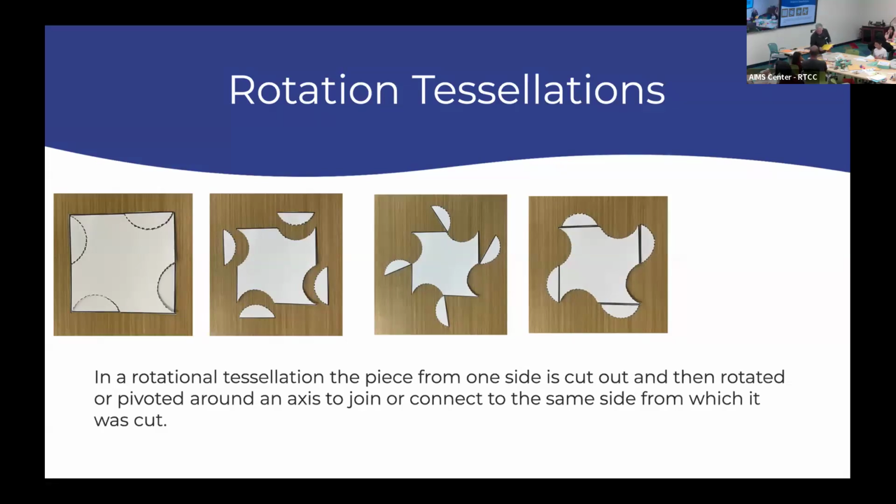Triangle. Okay, there you go. There you go. Square or triangle. So rotation tessellation as opposed to translation. There's the mountain if you want.